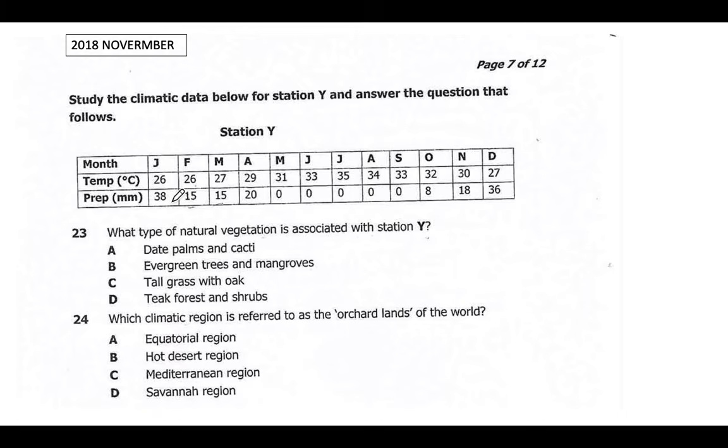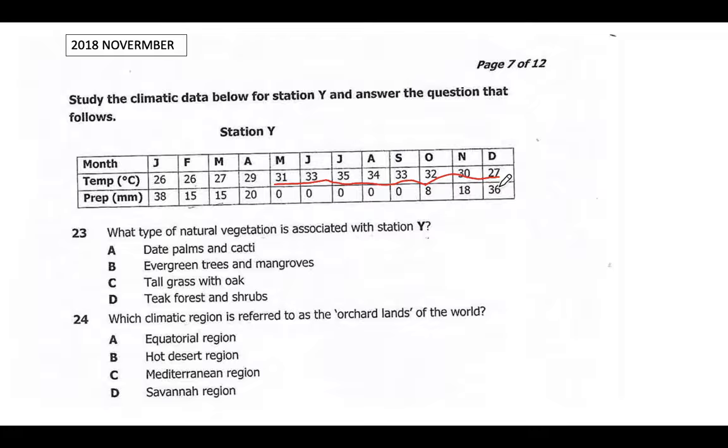So what is this data for? The focus, when you are in an exam, you look at the temperature. How are the temperatures increasing? Here we can see temperature is increasing. In May, June, July, August, September, the temperature increases and then begins to drop in December.